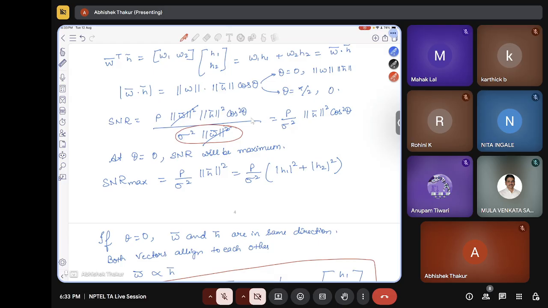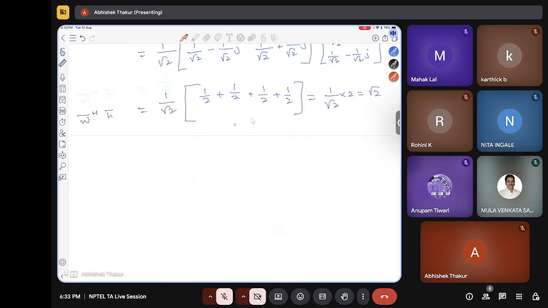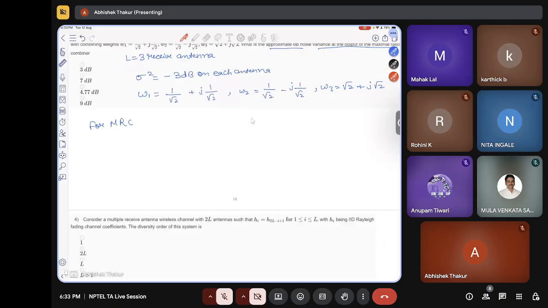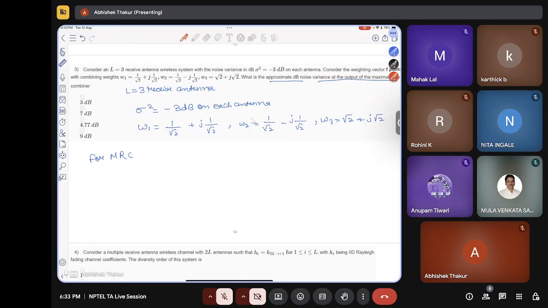Noise power in MRC is given as sigma square into norm of W vector square. So we have to find this value. So first let's see. This is equal to the magnitude of W1 square plus W2 square plus W3 square.